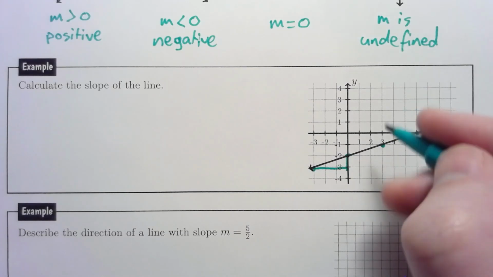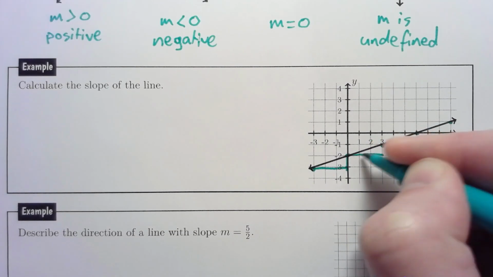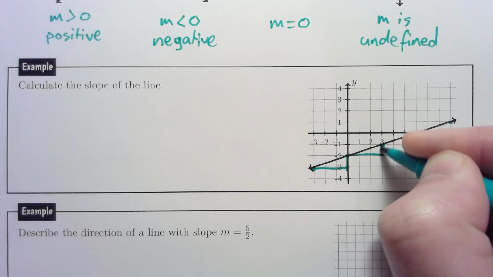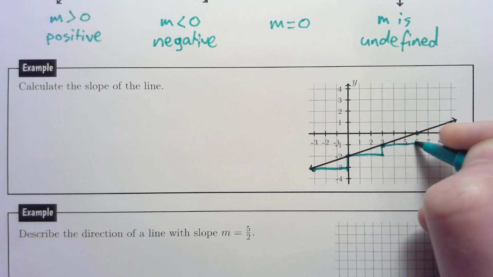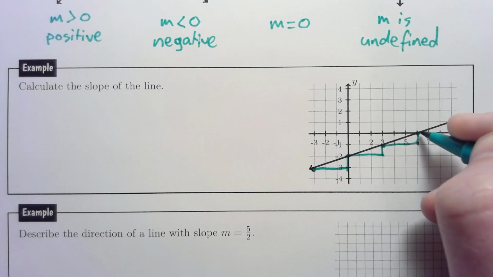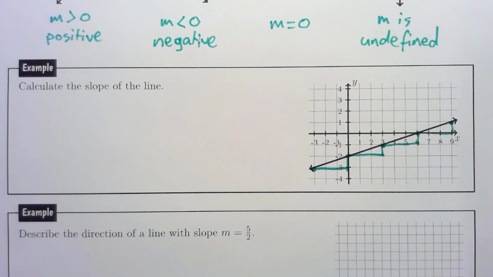In fact, we can keep doing that. We go 3 units across to 1 unit up, 3 units across to 1 unit up, 3 units across to 1 unit up.